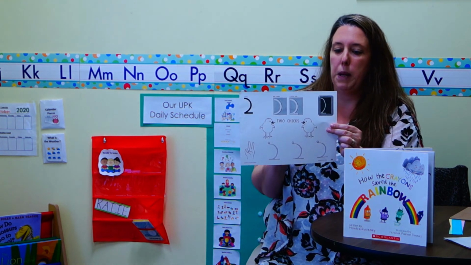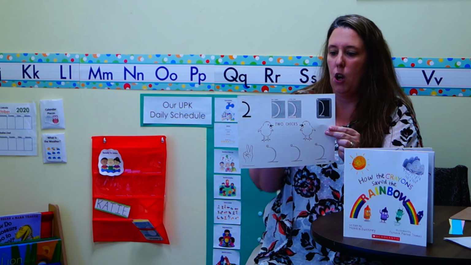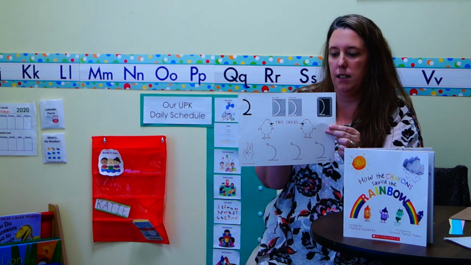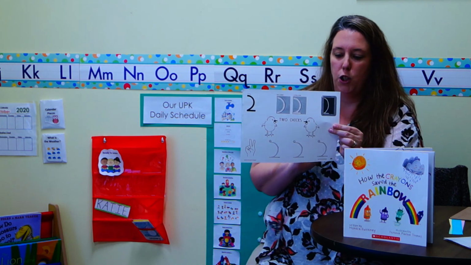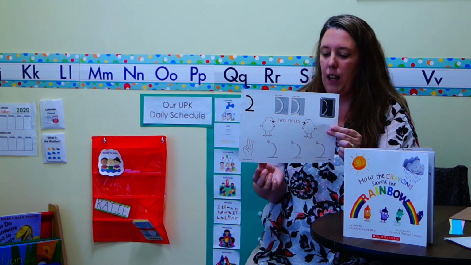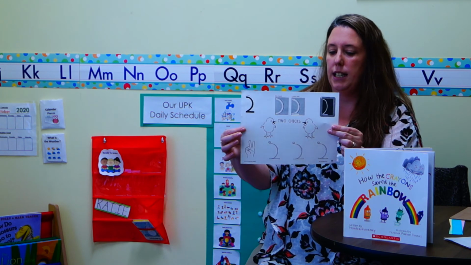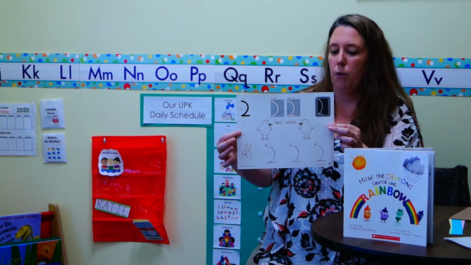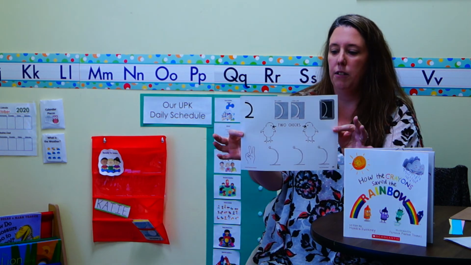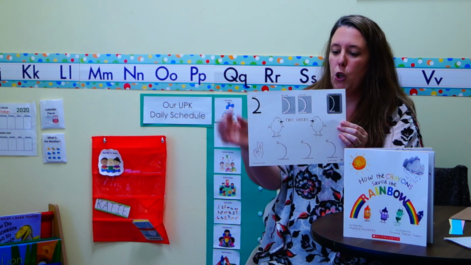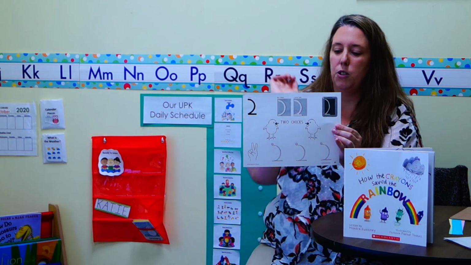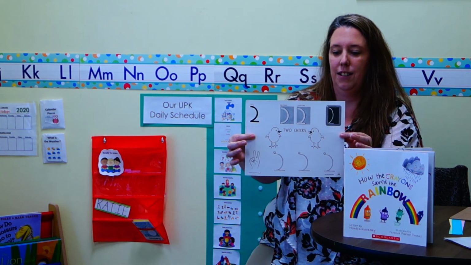So you can use those pieces at home if you'd like to practice with your wooden pieces. You can also try with chalk or crayons, and there's plenty of places to try it down here. All right, friends, if you'd like to pause the video now, you can do your number 2, and these little animals are called chicks.